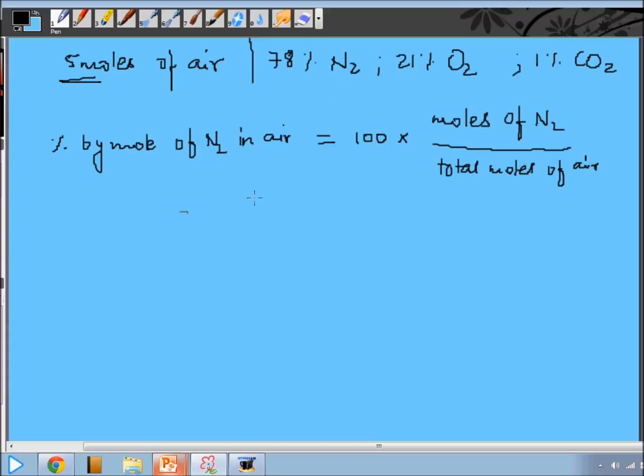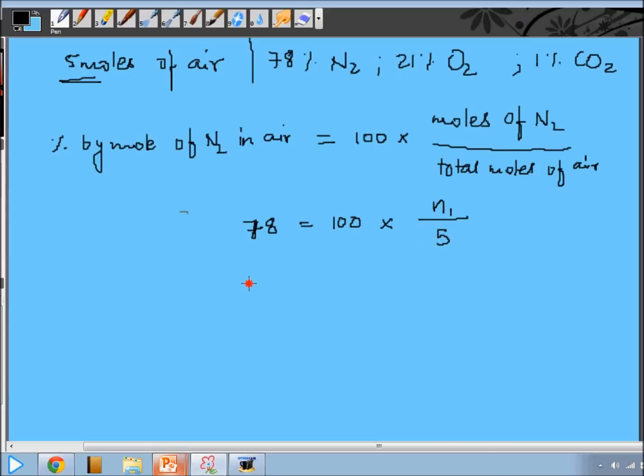You have been given that percentage by mole of N2 is 78%. Let's substitute the values. So 78% is equal to 100 multiplied with moles of nitrogen. Let's say moles of nitrogen is N1, because we do not know its value. And total moles of air is 5.